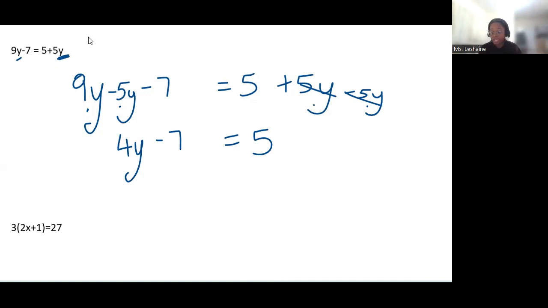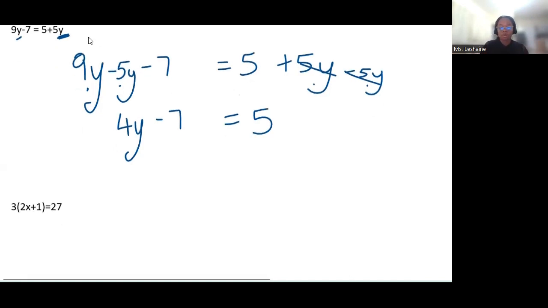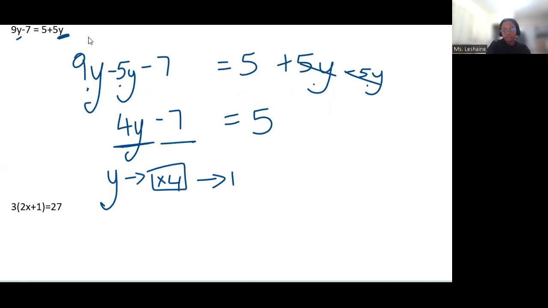Now, as I said, there are several ways that these problems can be solved. I am going to continue showing you the flowchart method. Now, what is happening to my variable? So I have my y, and what is happening to it? I am multiplying by 4, then I am subtracting a 7, and that gives me a 5.